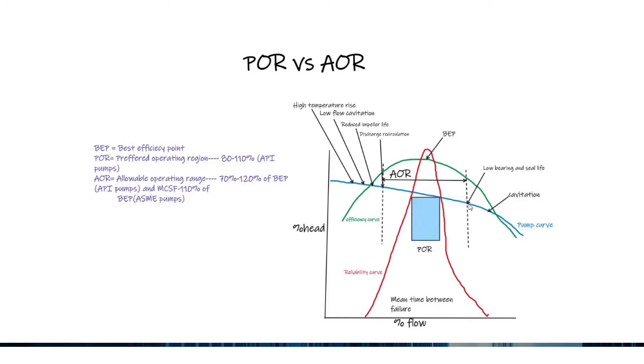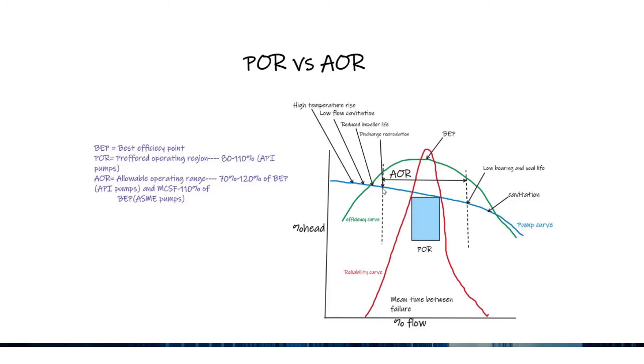Otherwise, you can see in this diagram that if we operate the pump beyond AOR towards the high flow side, we may come up with low bearing and seal life issues. Then we will also come across the cavitation problem of the pump.